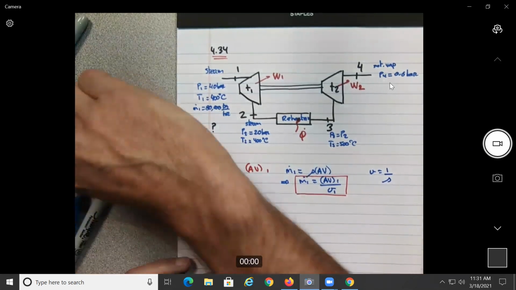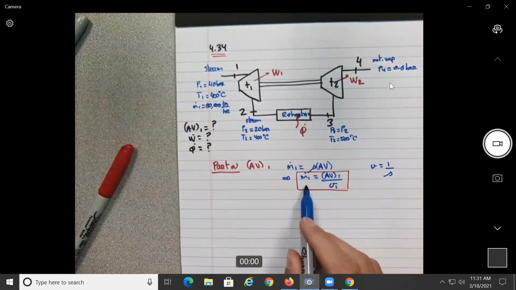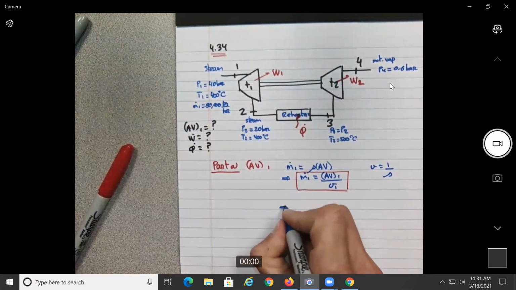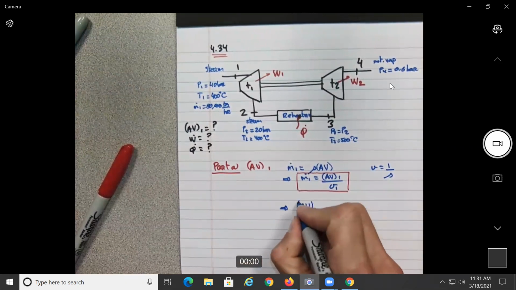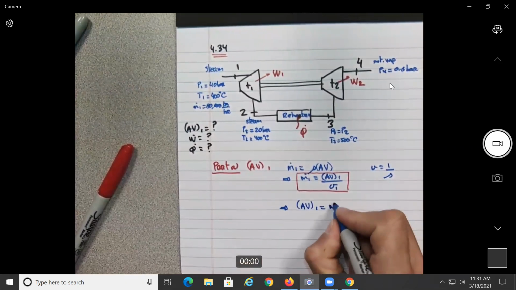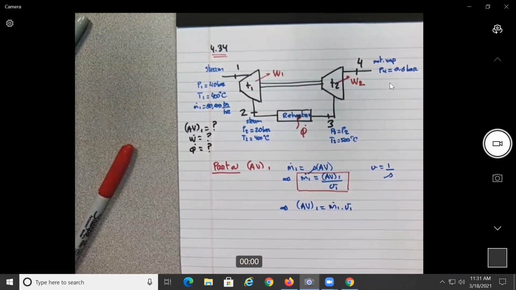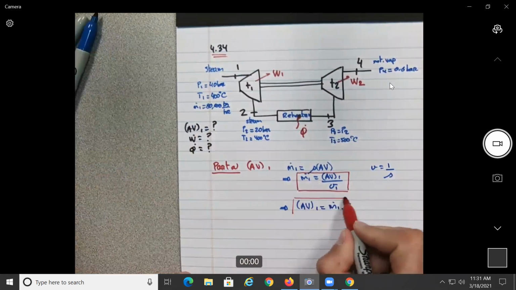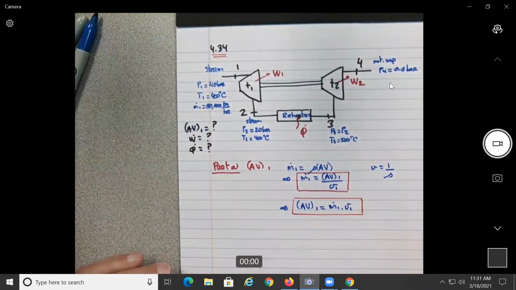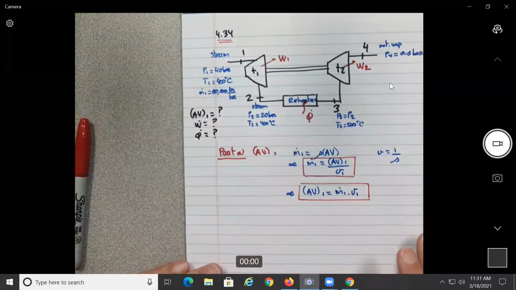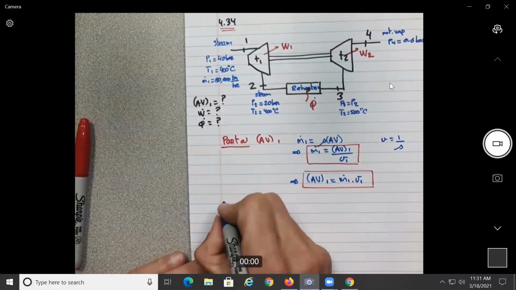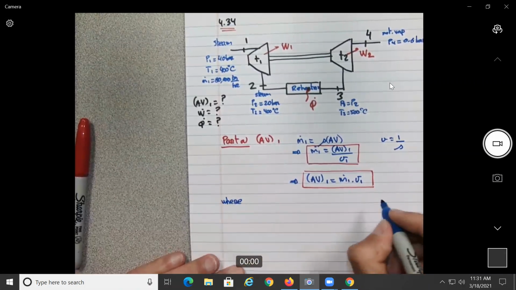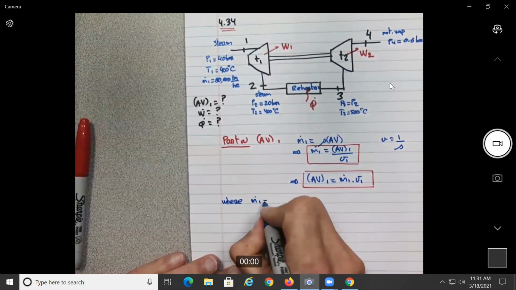All right, so from that equation, we find out that the volumetric flow rate will be equal to the mass flow 1 times v1, where m1 is equal to what?